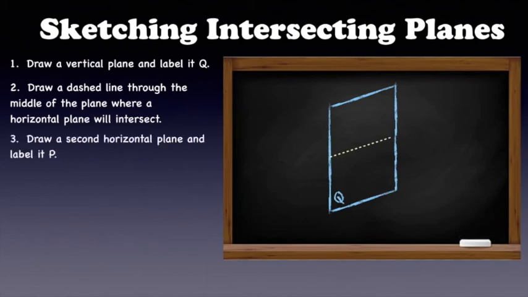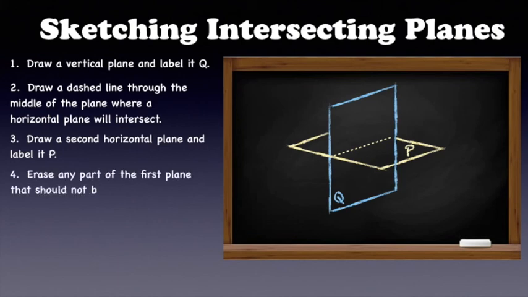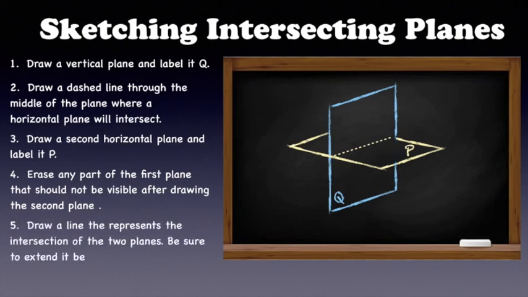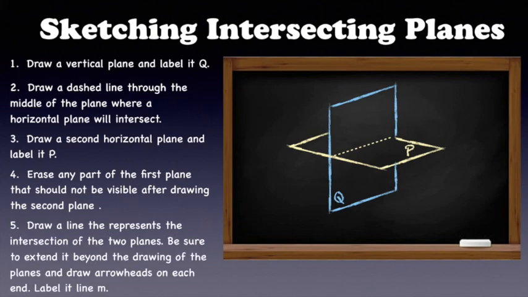Now draw a second horizontal plane and label it plane P. Let's erase part of the first plane that should not be visible after drawing the second plane. Draw a line that represents the intersection of these two planes. Be sure to extend it beyond the drawing of the planes and draw arrowheads on each end. Label it line M.